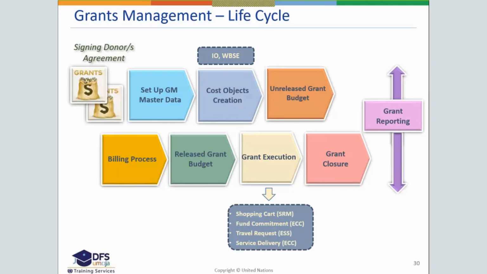As I mentioned, the reporting can be done in more detail when you have all this information properly tracked through each type of grant. So the grant and the trust fund are strongly related.